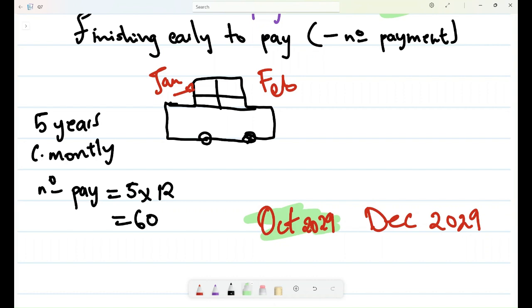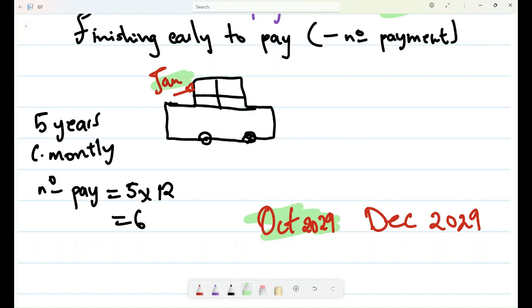What will happen is that from this 60 payments you're supposed to make, you have to subtract 2, because now you have ended your payments in an earlier month than the required month. My English is not winning today, but yes, okay. So now the number of payments that you're going to do is how much? 58.